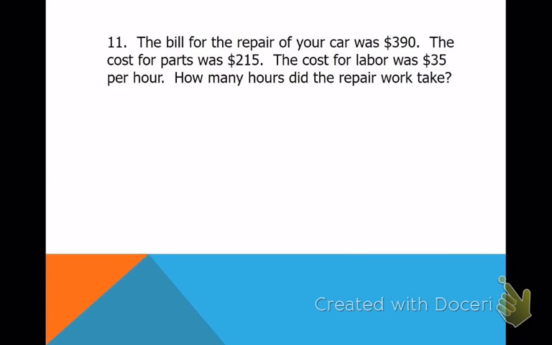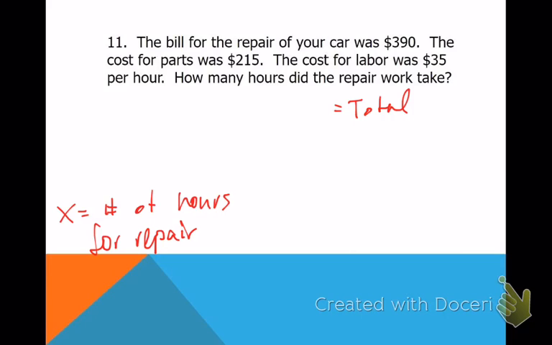Okay. What do we not know? How many hours the repair work took, or will take. So let that be X, the number of hours for repair. Now, the total bill, so the total cost, is going to come from two parts. It's going to come from the labor plus the cost of the parts.